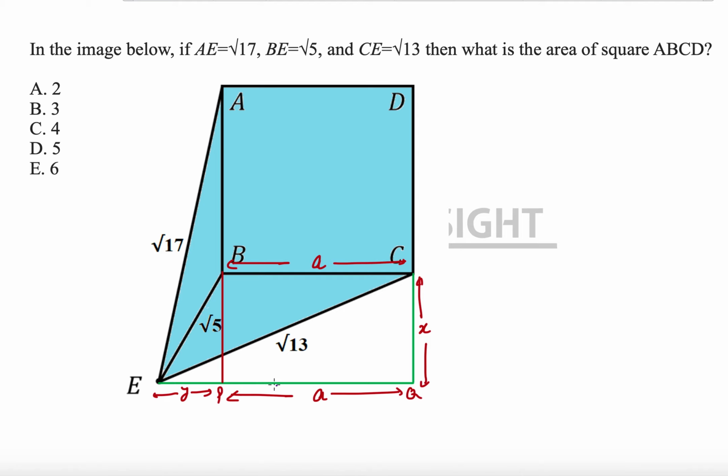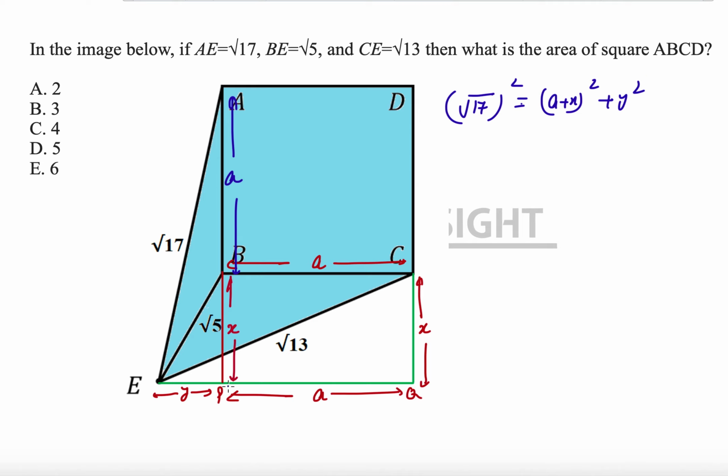Now we can make a few equations here. One more thing, we also need to understand that this BP will also have length X because it is becoming a rectangle. Keep looking at root 17: because the sides of the square are equal, this dimension will be A. That means root 17 square will be equal to A plus X whole square plus Y square.